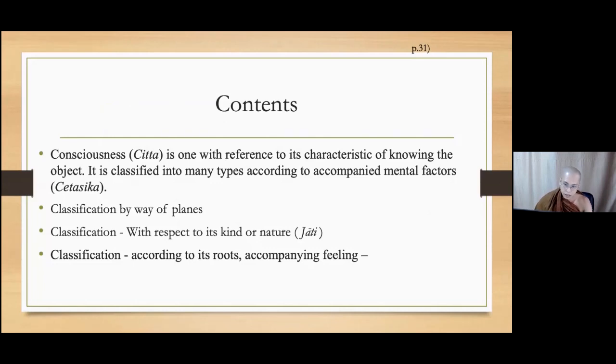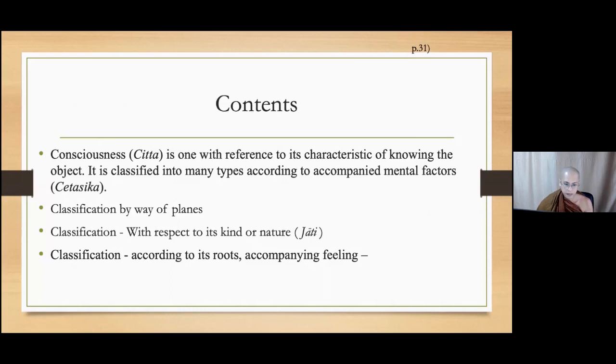So in this lesson, when we are studying the first ultimate reality, consciousness, one thing we need to keep in mind is the characteristic of consciousness. When we say citta or consciousness, that is the basic element known as citta.